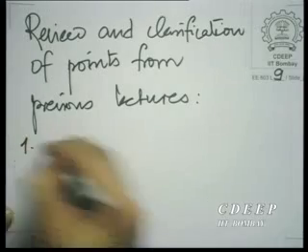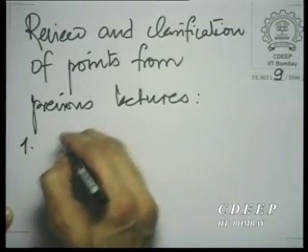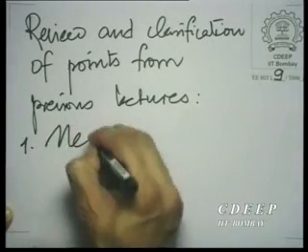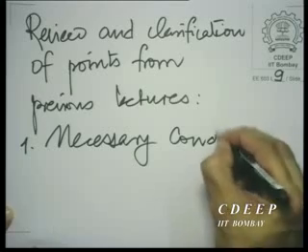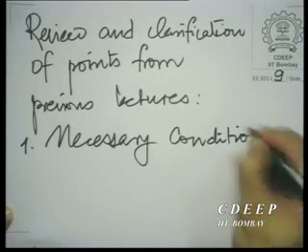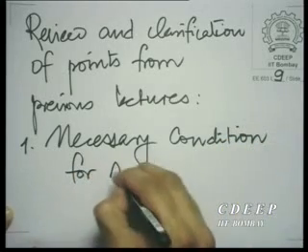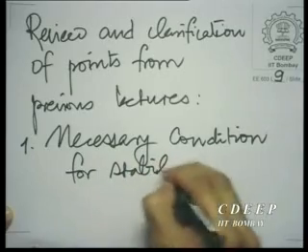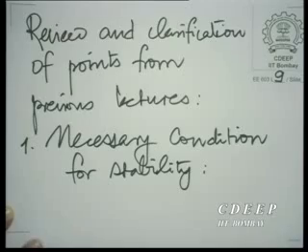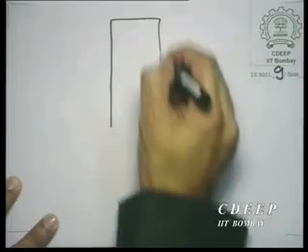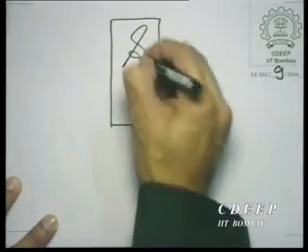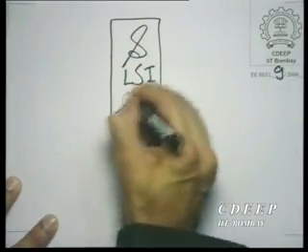So the first point is the necessary condition for stability. Now you see, what we did was to take an LSI system with impulse response h[n].